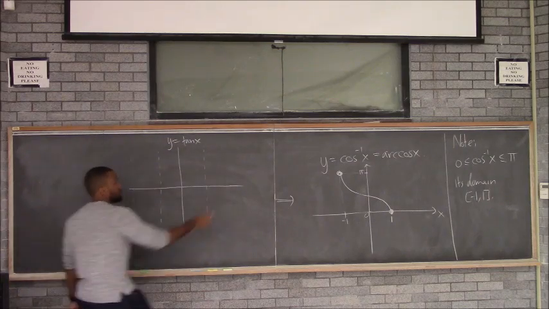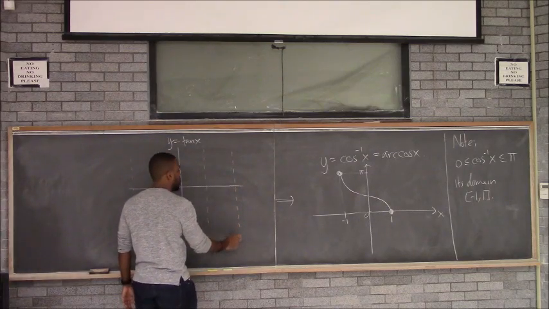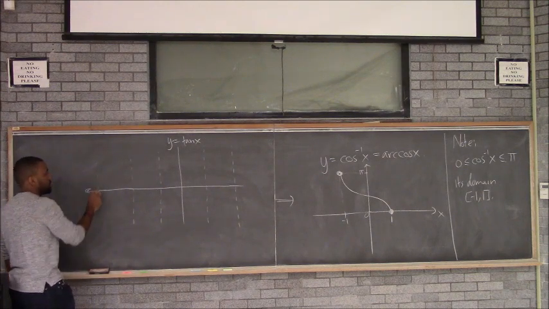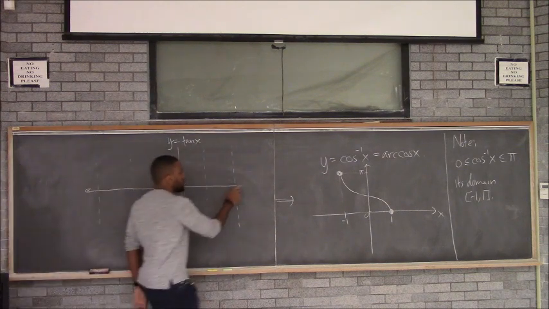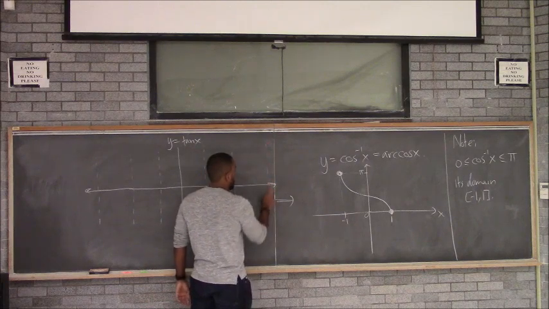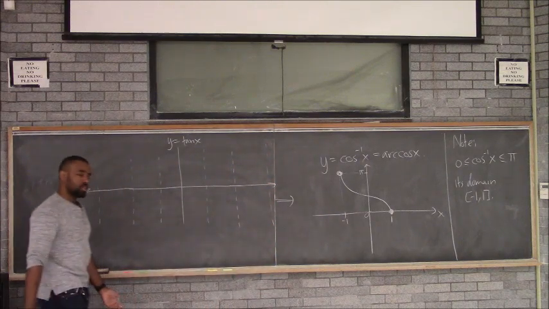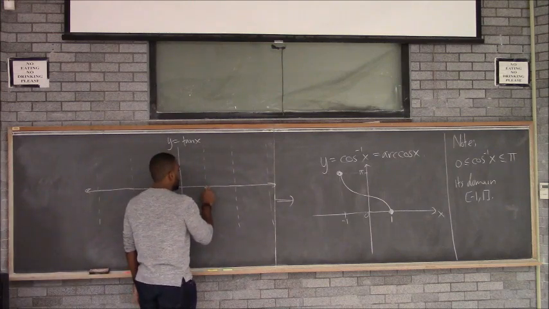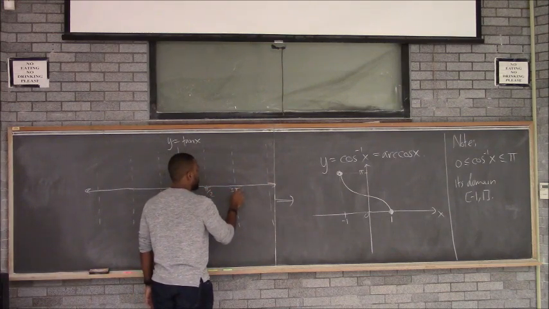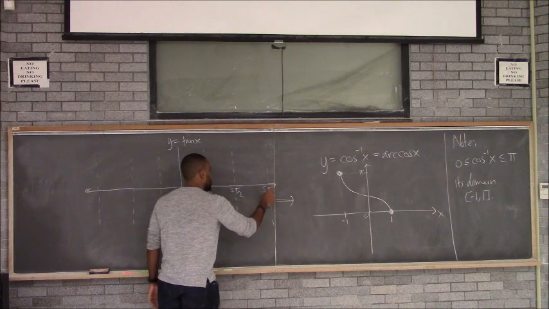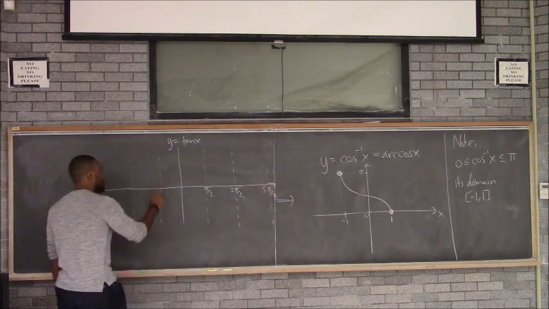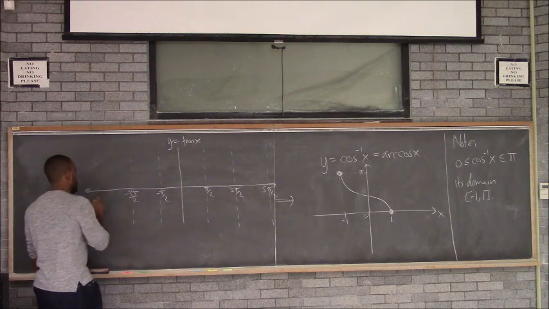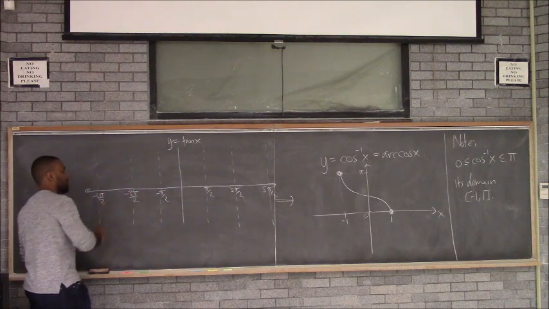They occur when the cosine of x is 0, because you're dividing by 0 at those points. The graph cannot exist at those points. You should remember that cosine is equal to 0 at all odd multiples of pi over 2. So pi over 2, 3 pi over 2, 5 pi over 2, 7 pi over 2, etc. Minus pi over 2, minus 3 pi over 2, minus 5 pi over 2, etc.